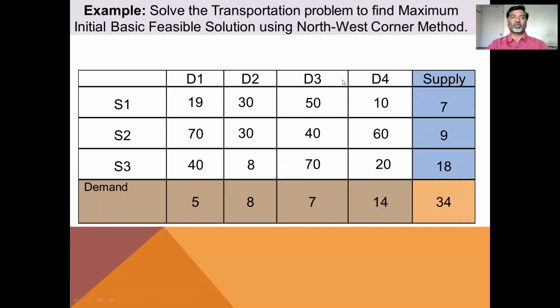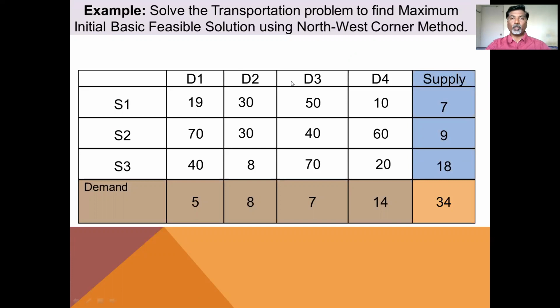What is the example? Solve the transportation problem to find maximum initial basic feasible solution using northwest corner method. Here the word maximum indicates that the problem is for maximization, and the costs are given. S1, S2, S3 are nothing but sources, which have capacity to supply 7 units, 9 units and 18 units respectively.